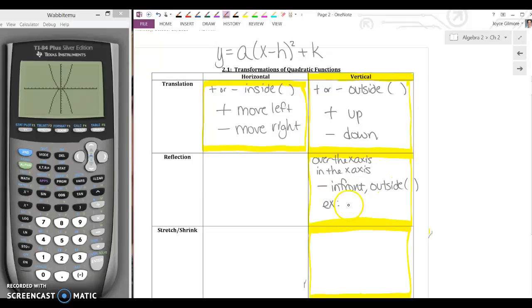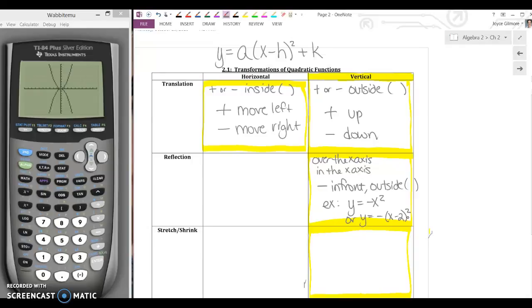Here's an example. Y equals negative x squared, or y equals negative something like that. If there's a negative in front outside of the parentheses, or if there aren't any parentheses, that is a vertical reflection.